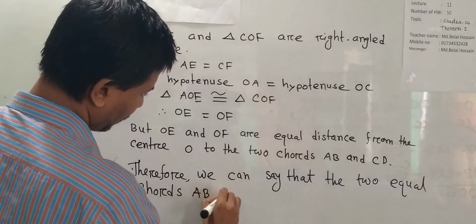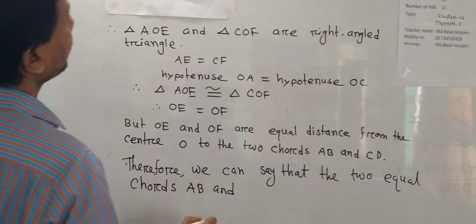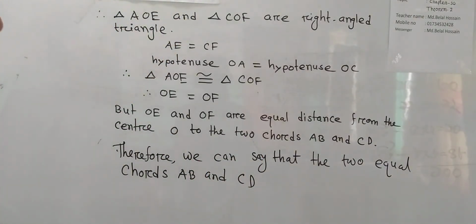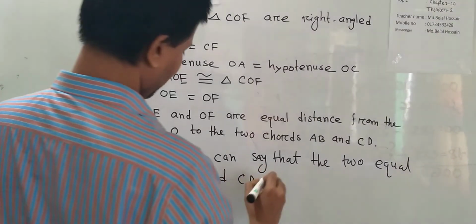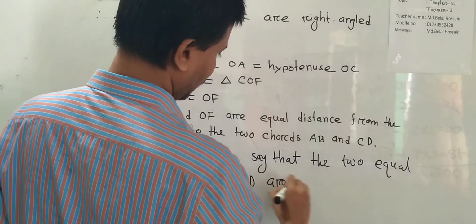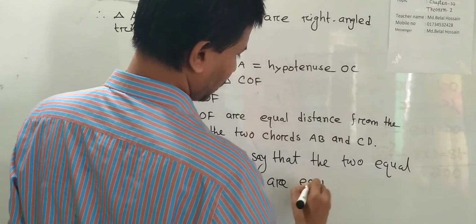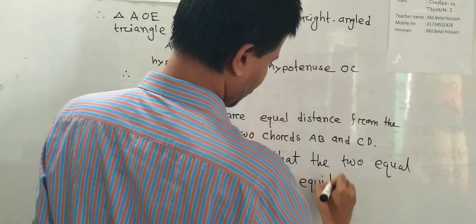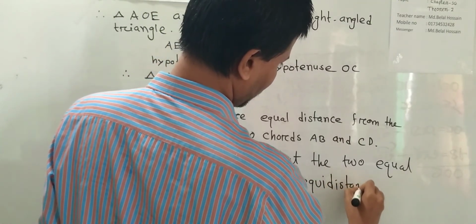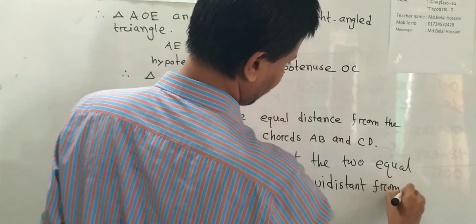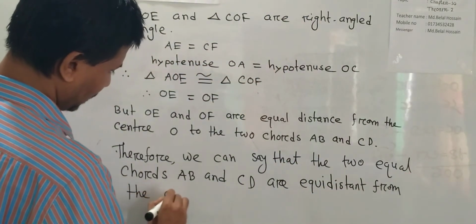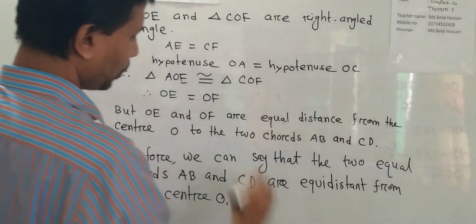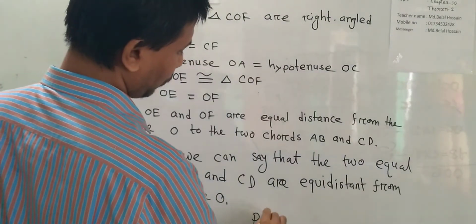Therefore we can say that the two equal chords AB and CD are equidistant from the center O. Okay, this is our proof.